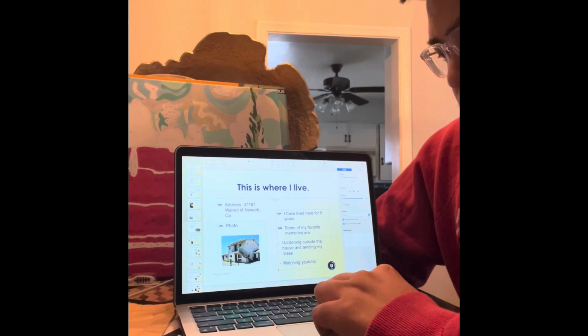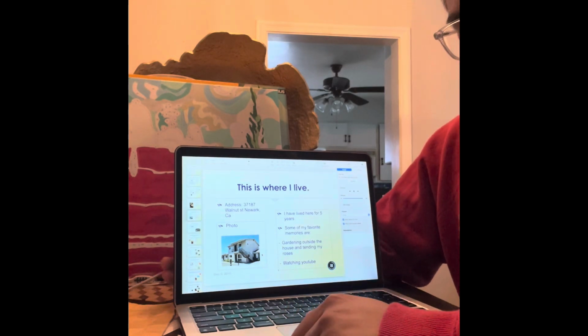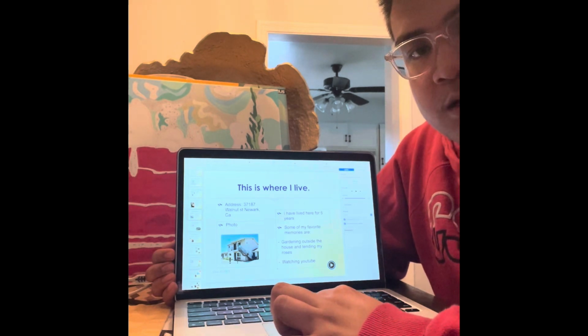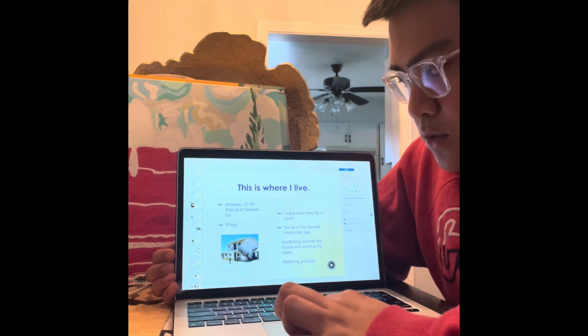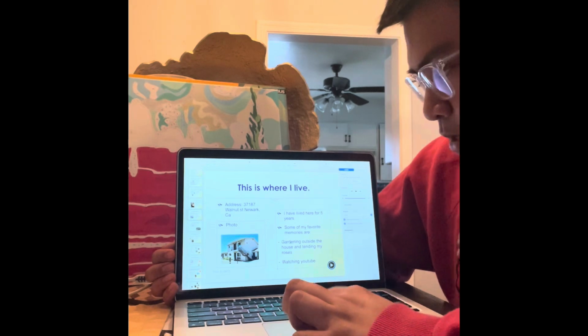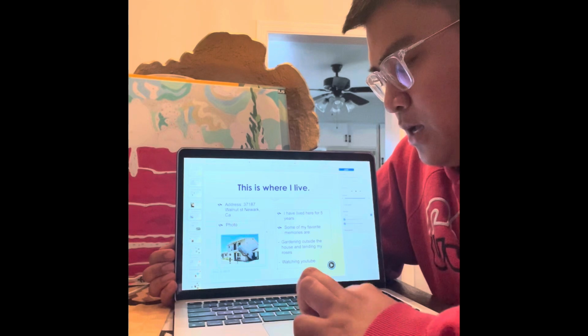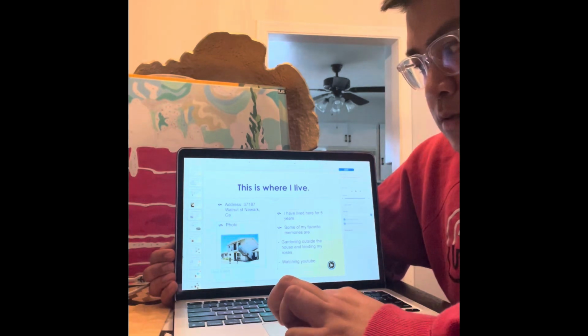I live in Newark, California, and I like gardening. So over here is where I live, Newark, California, and I have lived in this house for about 5 years.